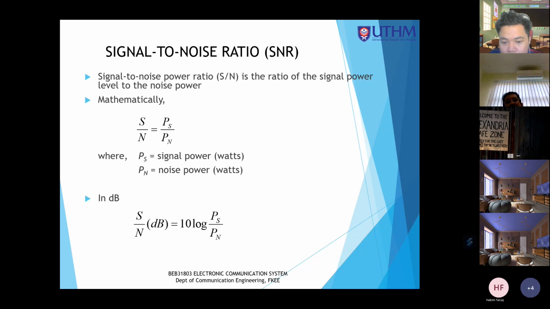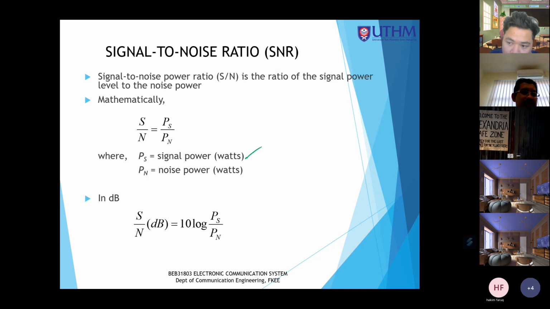Okay, so the next topic is signal to noise ratio. This is the most important parameter, especially for the analog system. Signal to noise ratio is the ratio of signal power divided by the noise power.